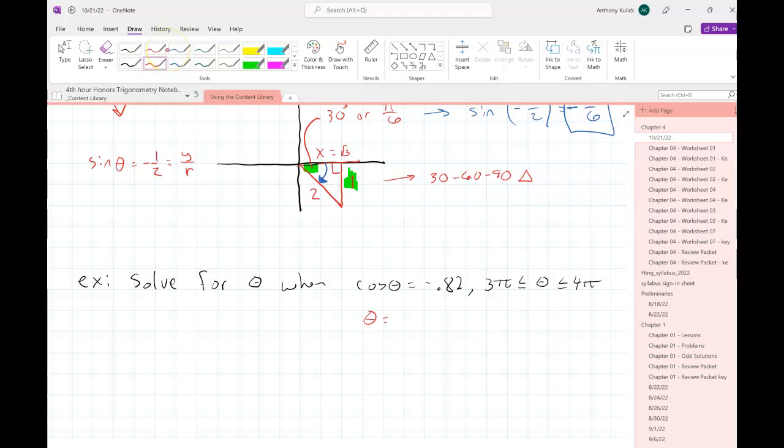So first thing I'm going to do is recognize that cosine theta equals negative 0.82. It's really the same thing as cosine inverse of negative 0.82, right? Those two are equivalent statements.